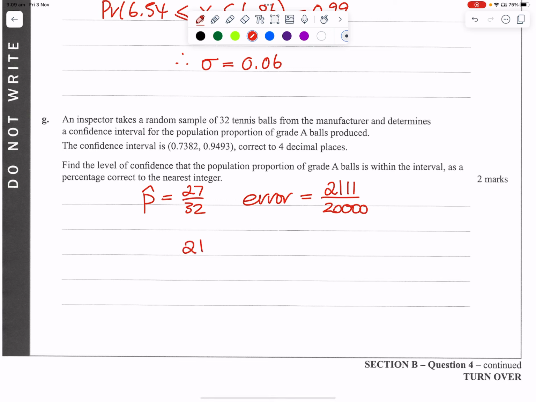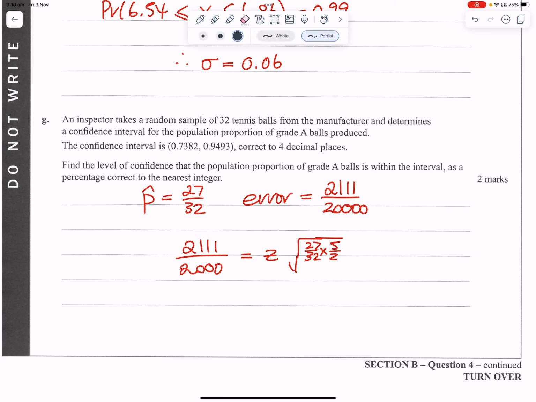So we know 2111 on 20,000 is equal to our Z value times our standard deviation, which is the square root of 27 on 32 times 5 on 32, divided by 32, the size of the sample.